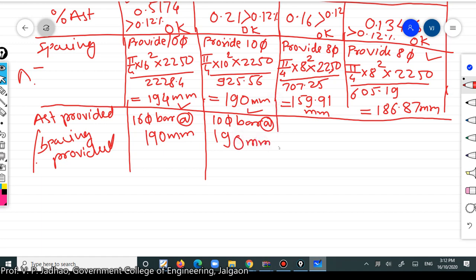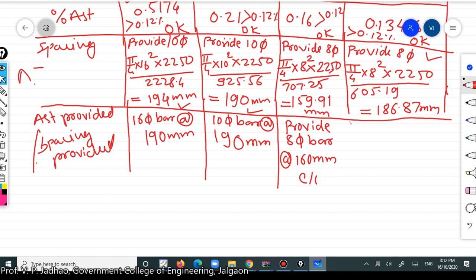Okay, here we have 159.91 mm spacing. We can either convert it into 160 mm, or we can also provide 150 mm. Let us provide 160 mm. So provide 8 phi bar at 160 mm center to center.